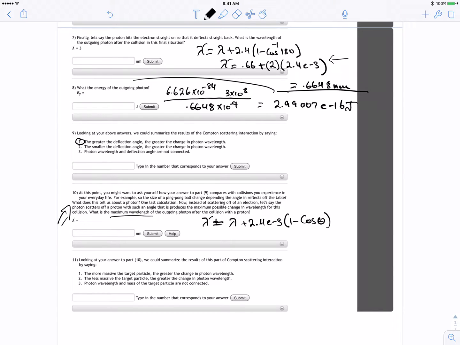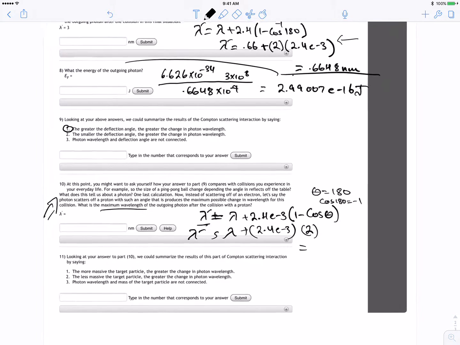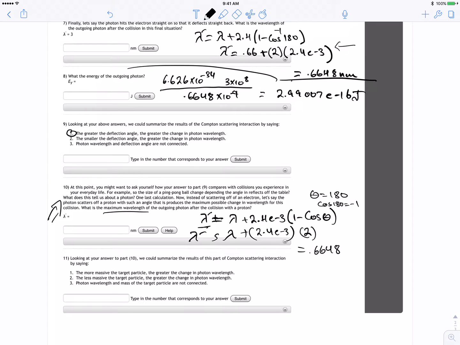To make the biggest change, this term has to be the biggest, which happens when theta is equal to 180, since the cosine of 180 is negative 1 and the whole term becomes 2, doubling the 2.4 e to the negative 3. So for this one I got the same answer as before, 0.6648 nanometers. Cool.